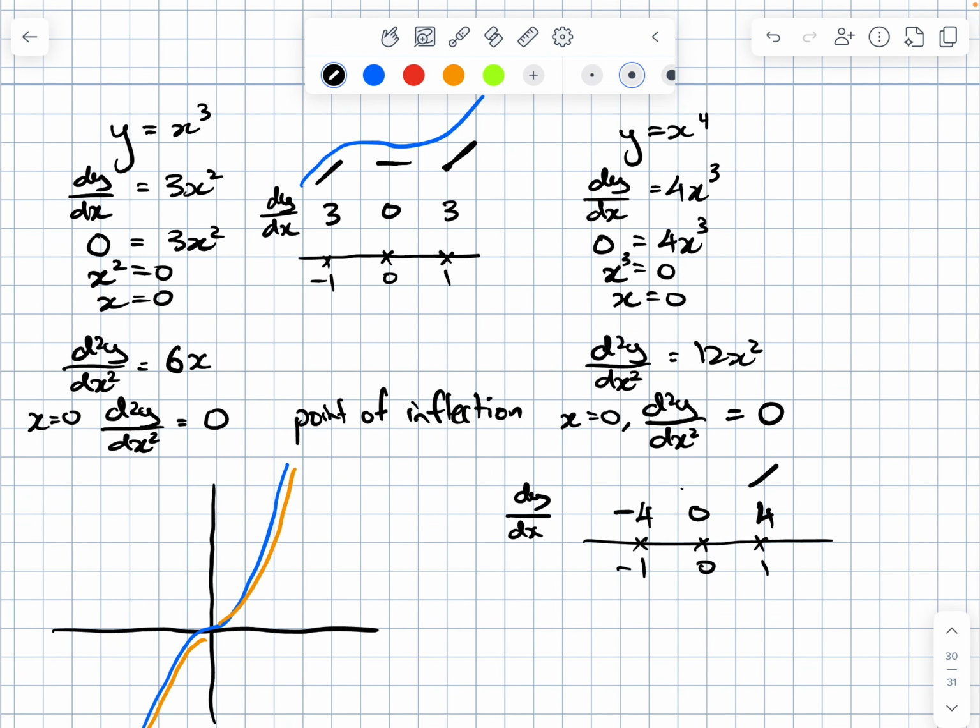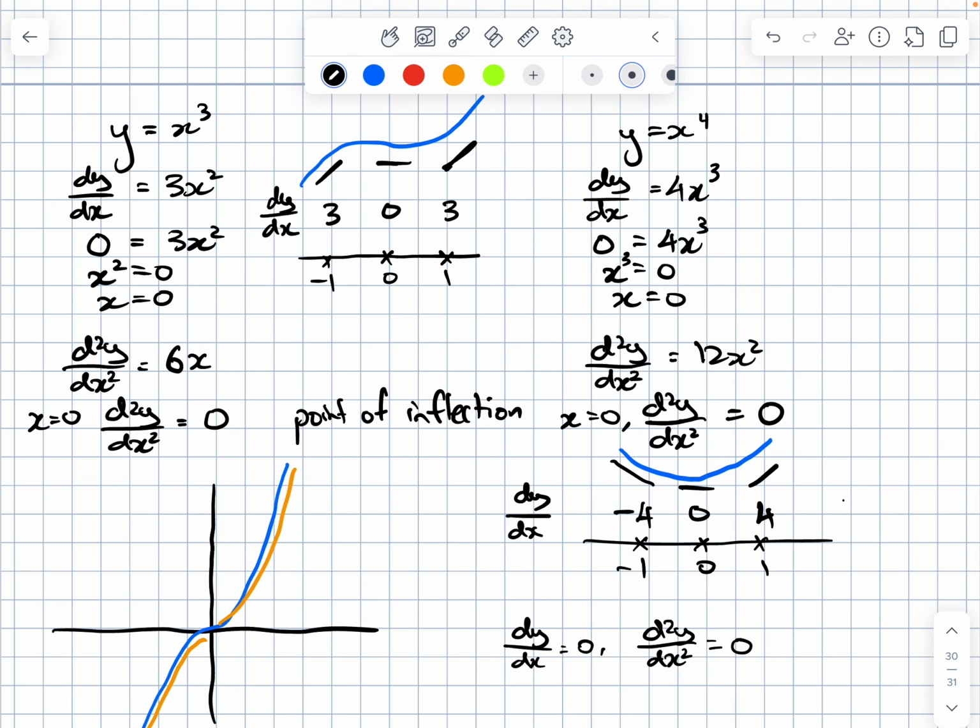Now, hold on, that looks like a minimum. When you get the first derivative equals 0 and the second derivative equals 0, you actually don't know what the point is, so you have to do a little bit more digging, in which case you have to do this gradient method.